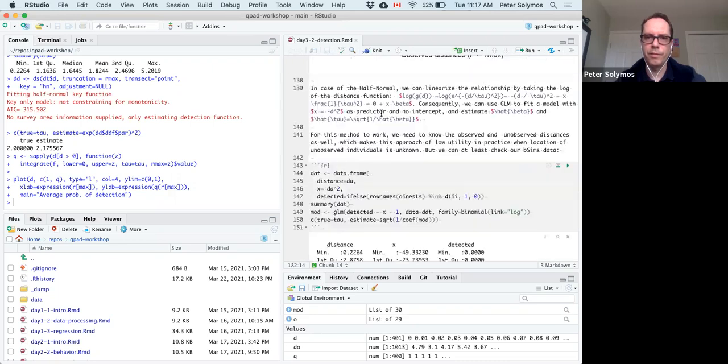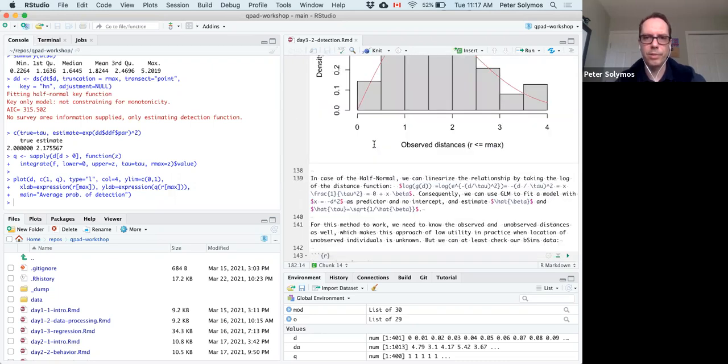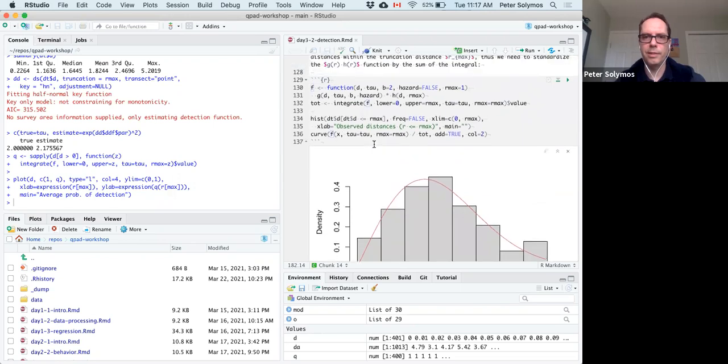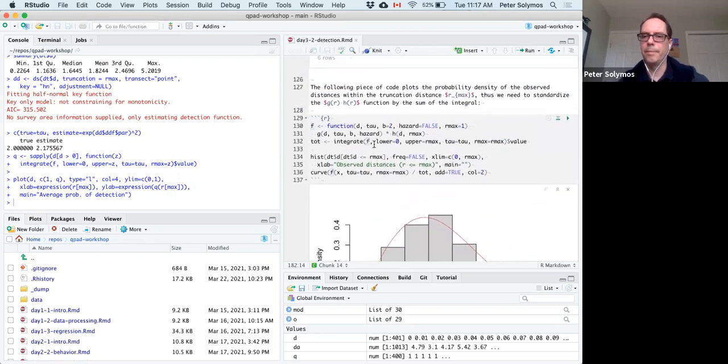If you know the function that you're trying to integrate over, then there is this numerical way of doing that without any kind of math, which is a really powerful feature of R and similar languages. So F, our function, took distance and the tau parameter. The rest were just fixed, but you can play with the same kind of setup and integrate over a hazard rate function if you change these.